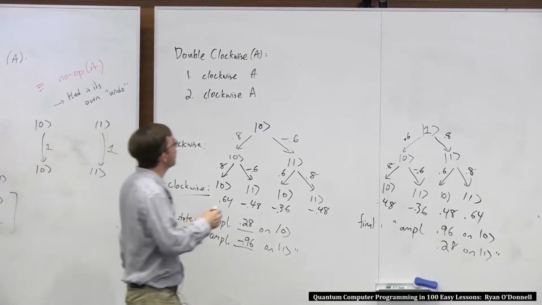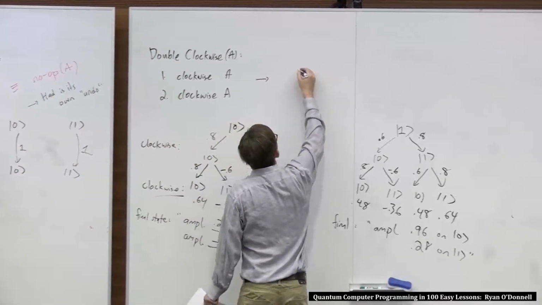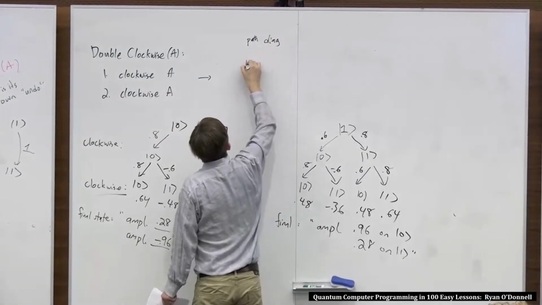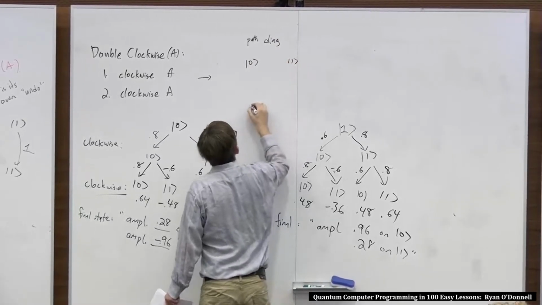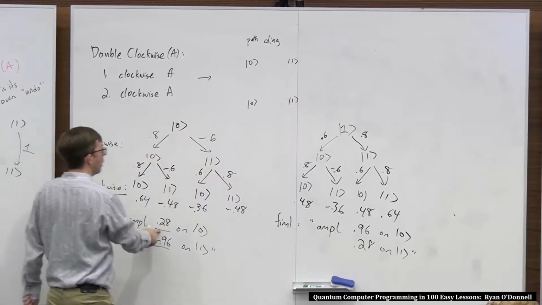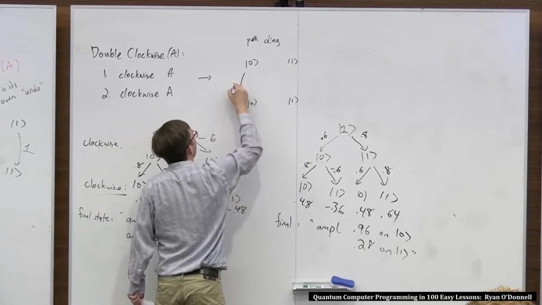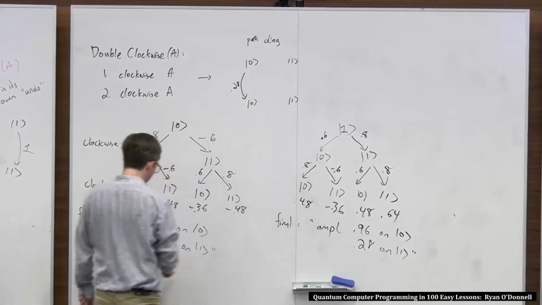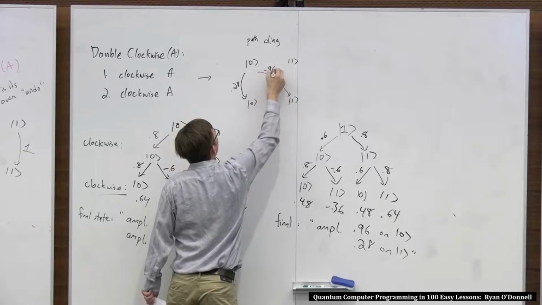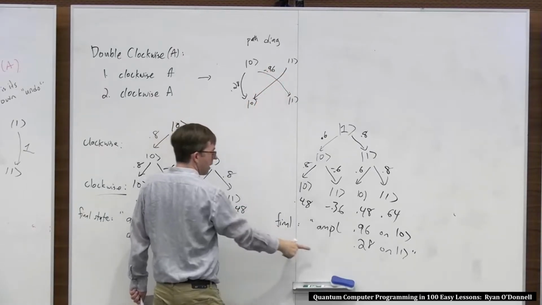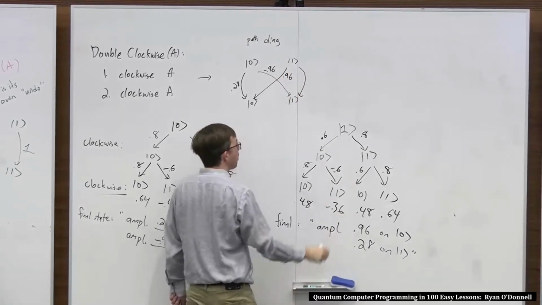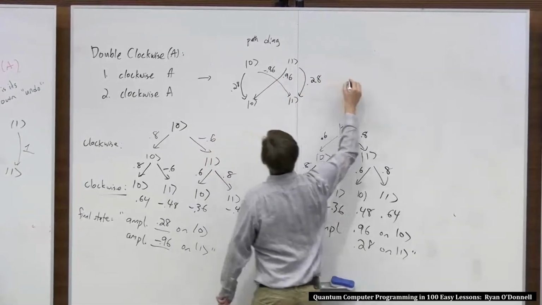So we finally figured out its paths diagram, which we draw like this. We got 0, 1, and 0, 1, and we just worked it out. From 0, you go to 0 with 0.28, and you go to 1 with amplitude minus 0.96. From 1, you go to 0 with amplitude plus 0.96, and 1 goes to 1 with amplitude 0.28.